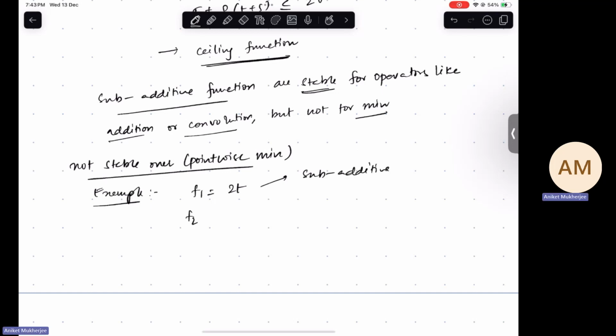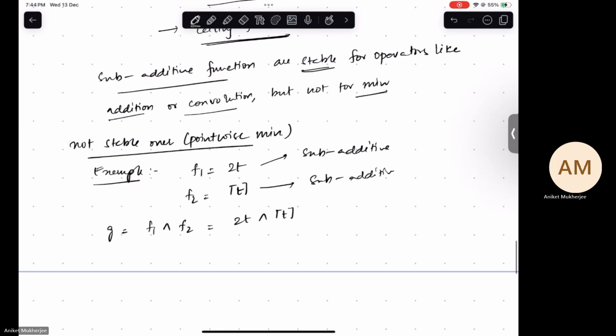And f2 be the ceiling of t. This is also subadditive. Now if I perform f1 min f2, let me call this g. I want to show that g is not subadditive, right? That will be 2t min ceiling of t. Now I want to find g of 1.25. This is min of 2 comma 2.5.